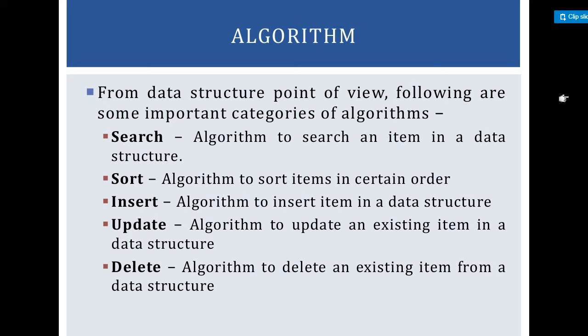Insert: algorithms to insert items in a data structure. Update: algorithms to update an existing item in a data structure. Delete: algorithms to delete an existing item from a data structure. These are the categories of algorithms, how we do some operations in programming.